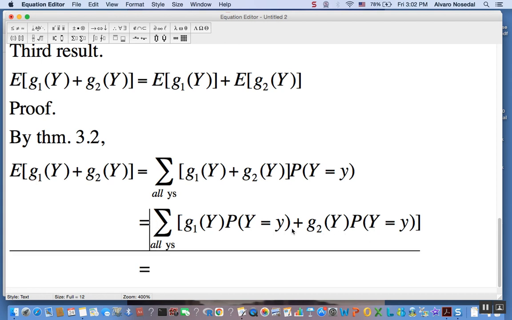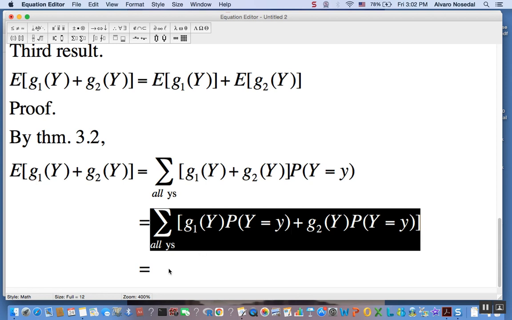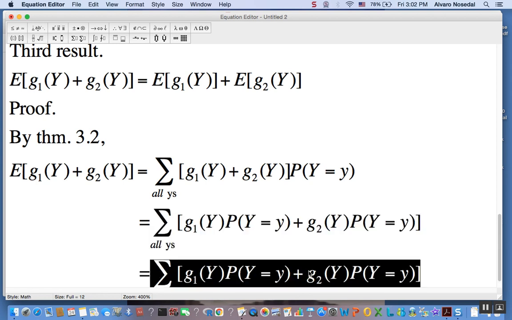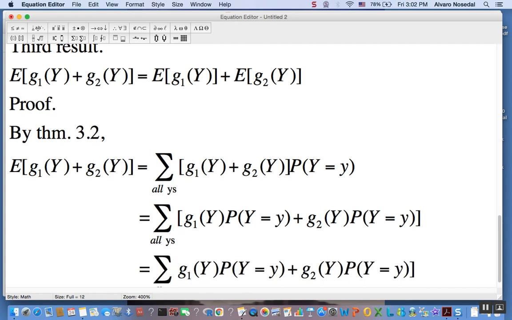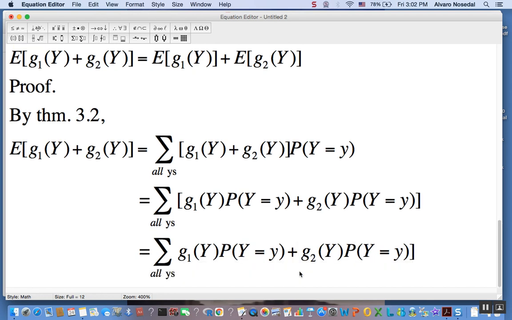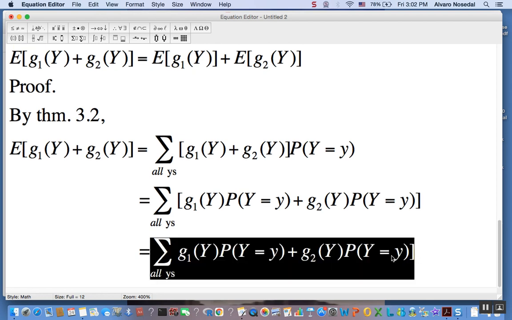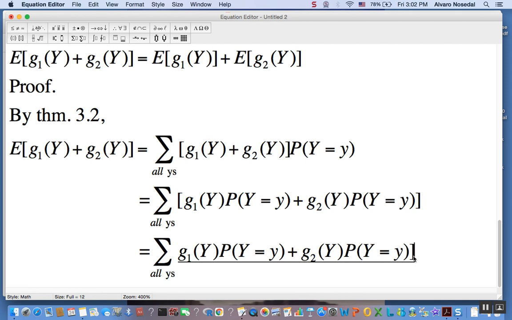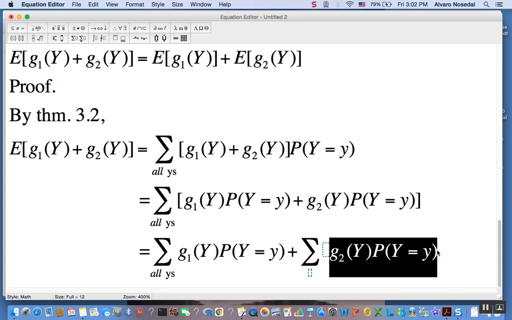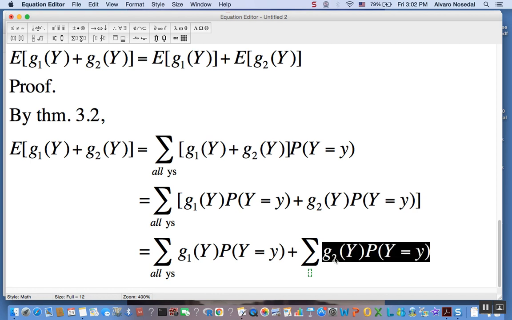Okay? So that's just doing algebra. We have this and then we have that sum for those guys, all values of y.